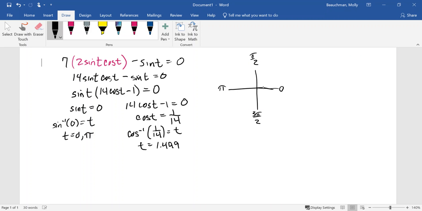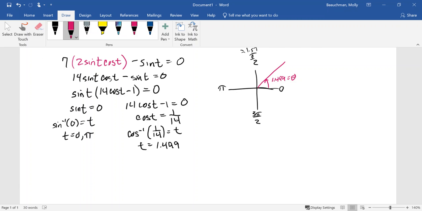And that's in radians. So let's see, pi over 2 is about 1.57 in decimal. So 1.499 is here, this angle measure. So there's another place around the circle that the cosine is equal to 1/14, and where is the cosine positive?